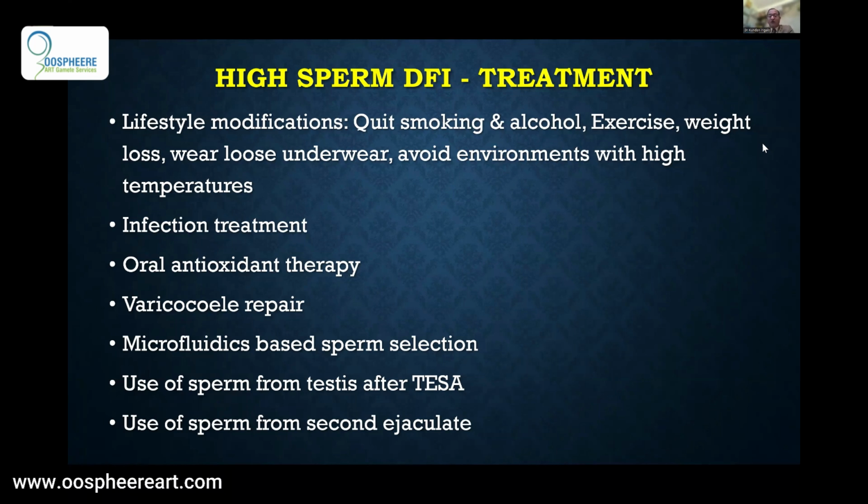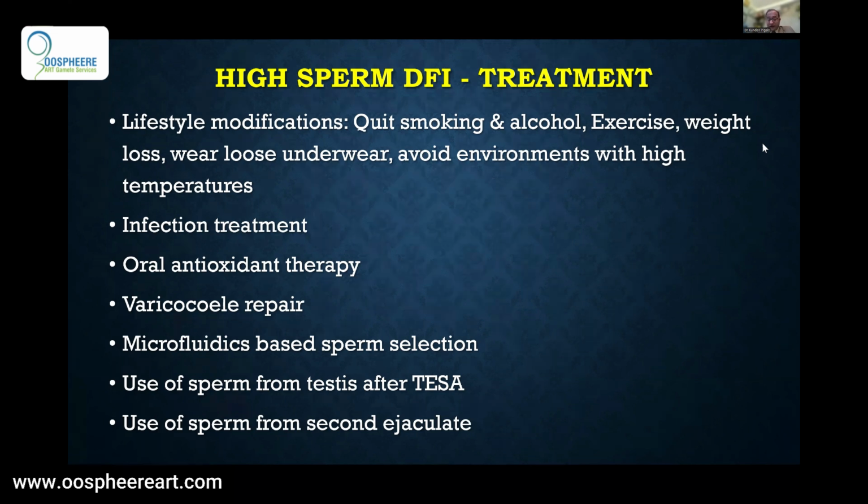He has to avoid environmental toxins coming from the atmosphere and from food, for example by following organic farming. He has to drink water stored in non-plastic jars, and you have to treat any infection. Give oral antioxidant therapy, which should contain vitamin C and vitamin E as important components of the combination.